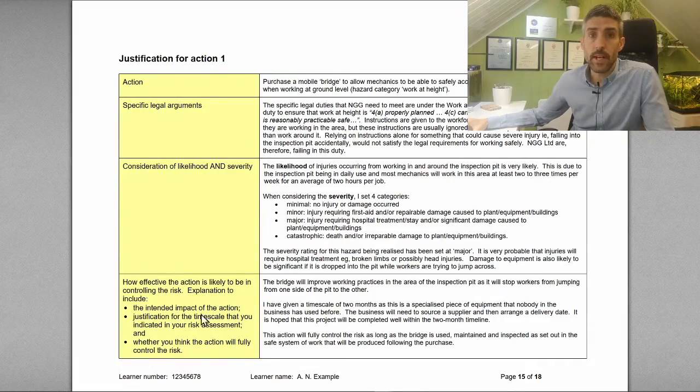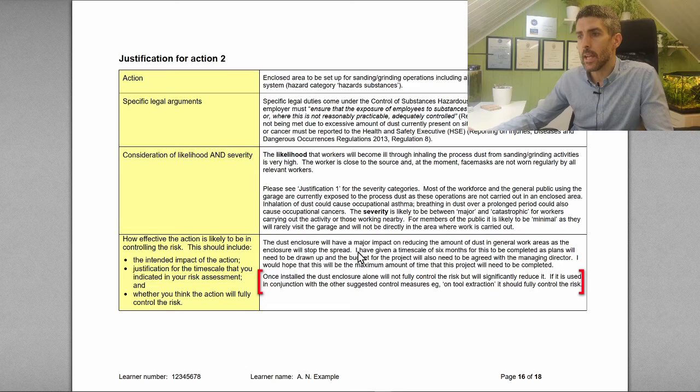So in the example that NEBOSH provide, the first one, they reckon it will fully control the risk as long as the bridge is used, maintained and inspected as set out in the safe system of work that will be produced following the purchase.